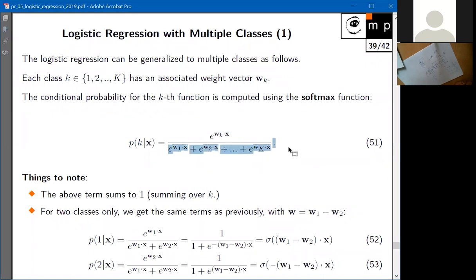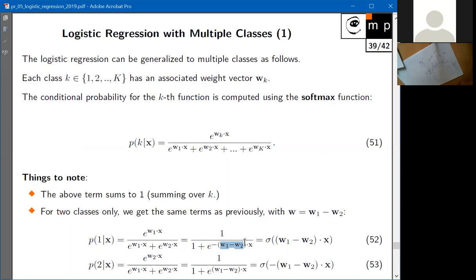Now, this looks slightly different than the softmax, which looks like a single sigmoid, a single two-class softmax. But if you express the probability of one given X in this form with W1 and W2, just see that if we have two classes, the only thing that matters is the difference between the two vectors.